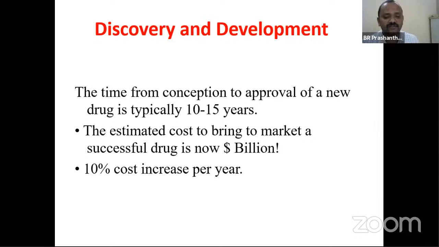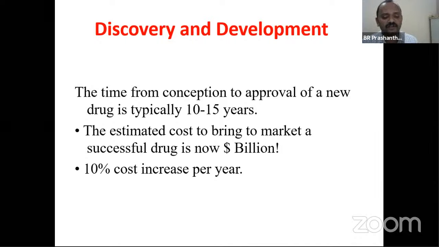Even after 10 or 15 years of research, they cannot succeed. So a company that does research in the pharma field as part of research and development should have strong financial backup. Otherwise, after spending so much time, it may still be a failure, and they cannot come out with a drug to the market.